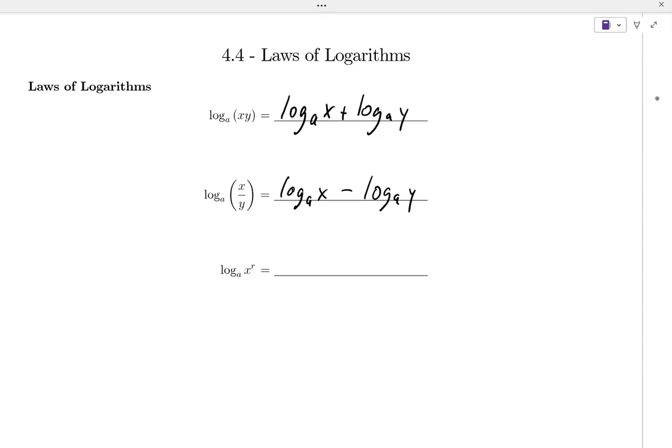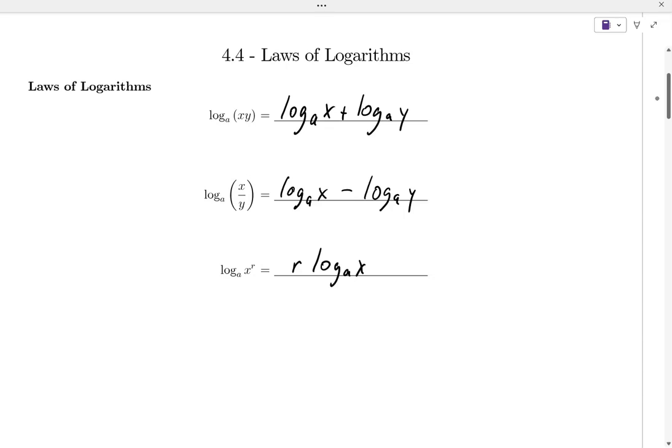Now, this last property might be a little bit trickier to think about, but it goes back to those ideas that we did in some of those problems before, when I said, when you've got something raised to a power and then you have another power on the outside, what did you do with the powers then? Multiply the exponents, right? So this is the same kind of concept here.